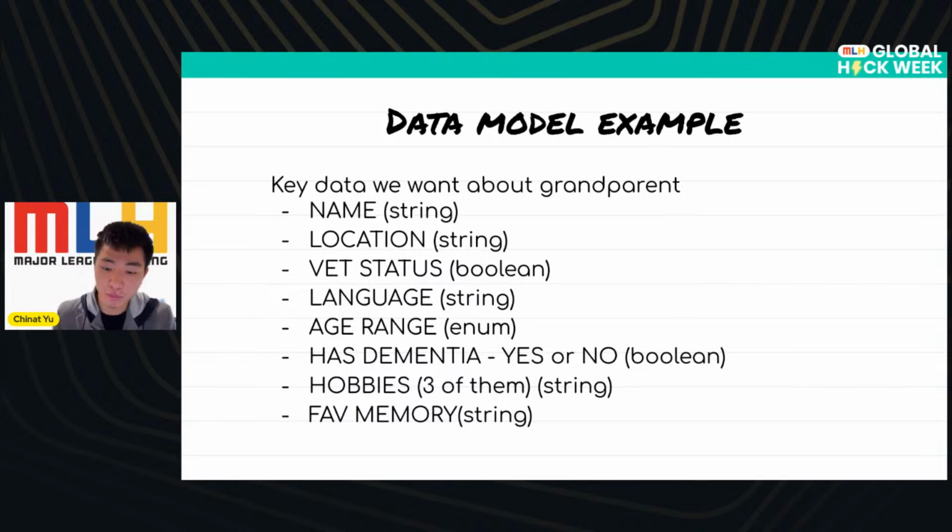And a quick way to test out whether your data model is good or valid is to, again, create a quick Google form and share that with your friends or with potential test users, and say, hey, you're trying to build an app that would help you figure out conversation starters with your grandparents. Can you fill out this Google form really quick for our project?